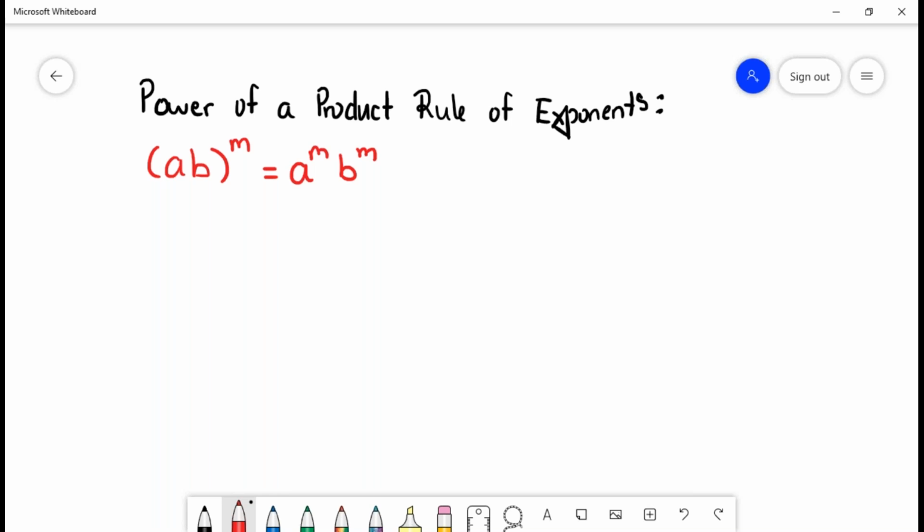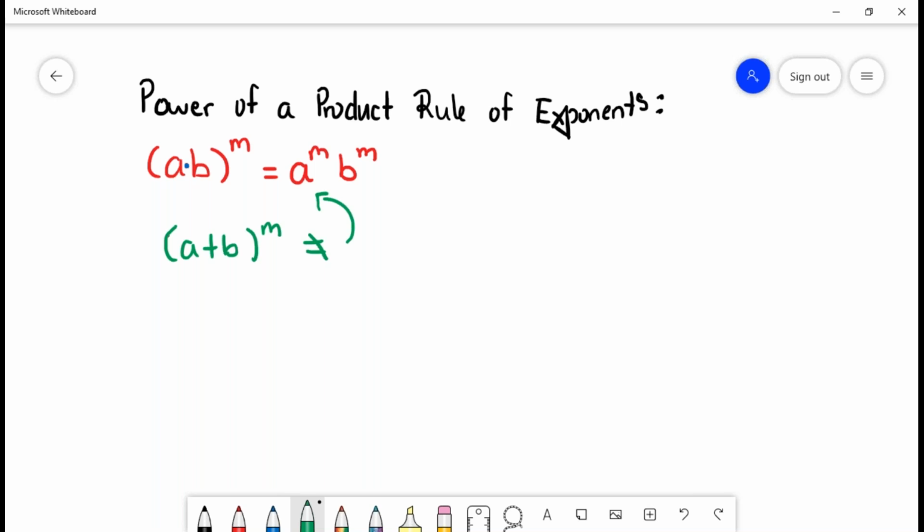Keep in mind, this power of a product rule of exponents only works when terms or numbers are multiplied within brackets. So this rule will only work when there's multiplication between the values. It has to be a times b raised to the power of m. However, if you had a plus b raised to the power of m, this is not equal to that.